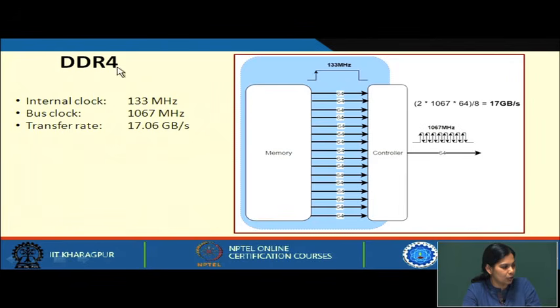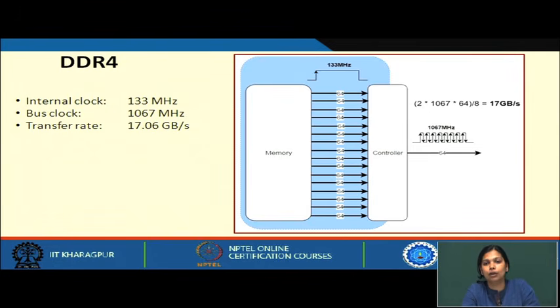Similarly, in DDR4, this is 4 times, and then you have 16 such data buses in between, and here you will multiply 2 into this 1067 into 64, because each time 64 bits of data will be transferred, divided by 8, which comes to roughly 17.06 gigabits per second.